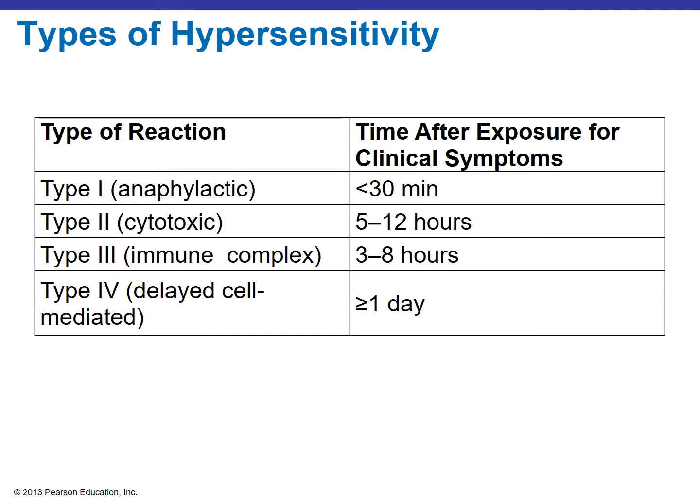The cytotoxic reactions occur between 5 to 12 hours after exposure, and the type 3 reactions occur between 3 to 8 hours after exposure. And the type 4 reactions, because they are cell-mediated, take a little bit longer, anywhere from 24 to, I believe, 72 hours after exposure.